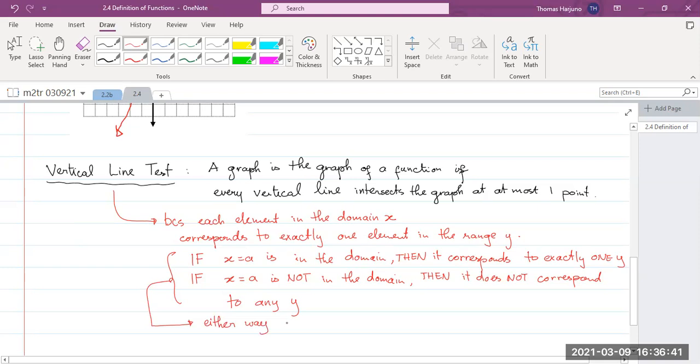Either way, any element on the x-axis, if it is in the domain, corresponds to one y. If it is not in the domain, it corresponds to nothing. So any element on the x-axis corresponds to at most one.